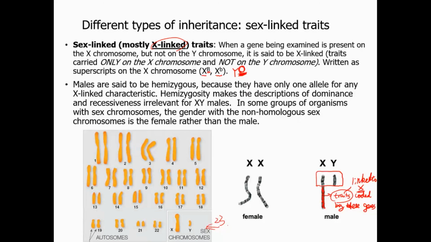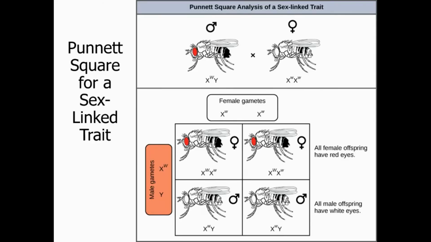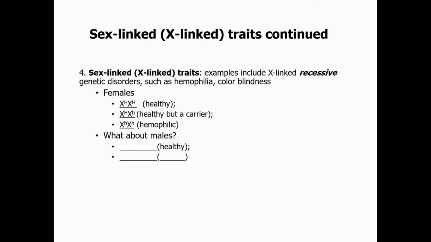And now let's look at some examples, and then we're gonna do the Punnett square for sex-linked traits. Right. Now, most of the time when we talk about sex-linked traits, we're interested in genetic disorders. So you can imagine that those genetic disorders are caused by mutations in the genes that are only carried on the X chromosome.